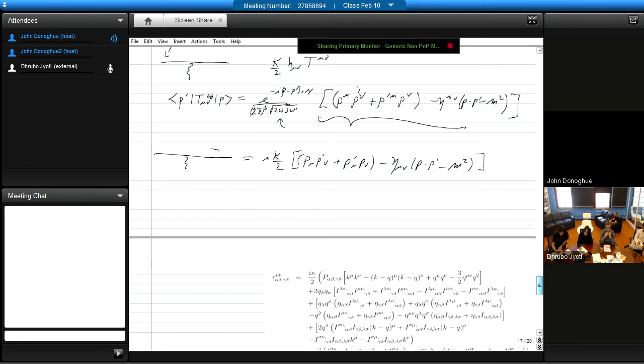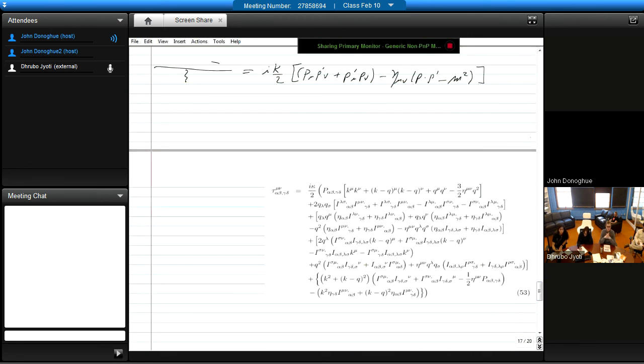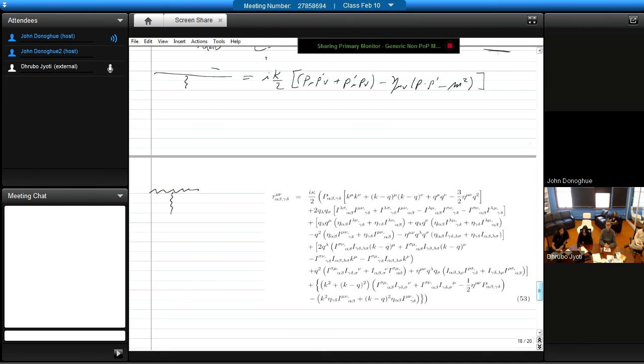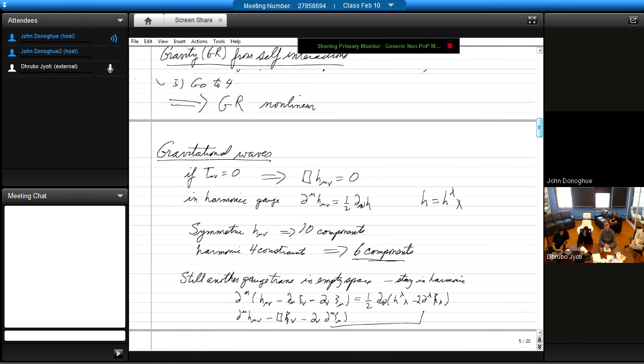And let's see. Oh, floating here, just happens to be perfectly located, is the Feynman rule for the triple graviton vertex. That followed from the T mu nu way up here that I had.